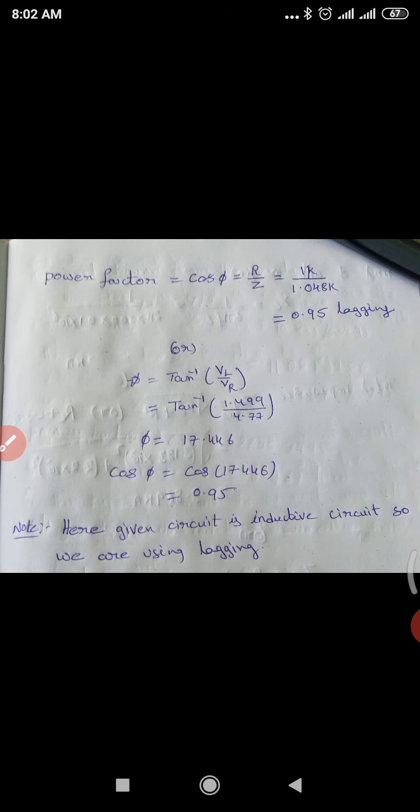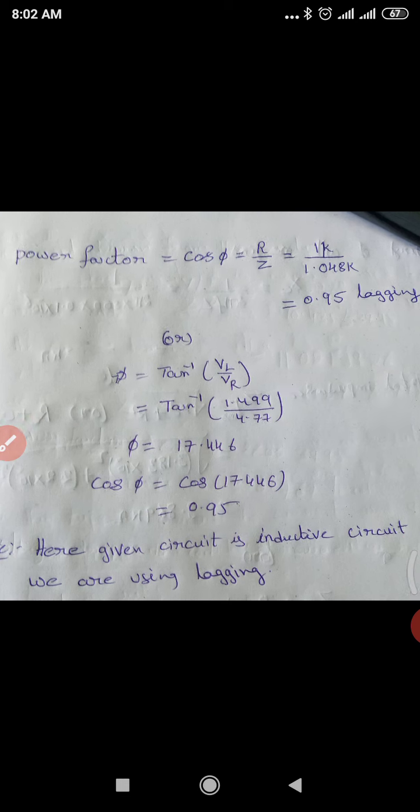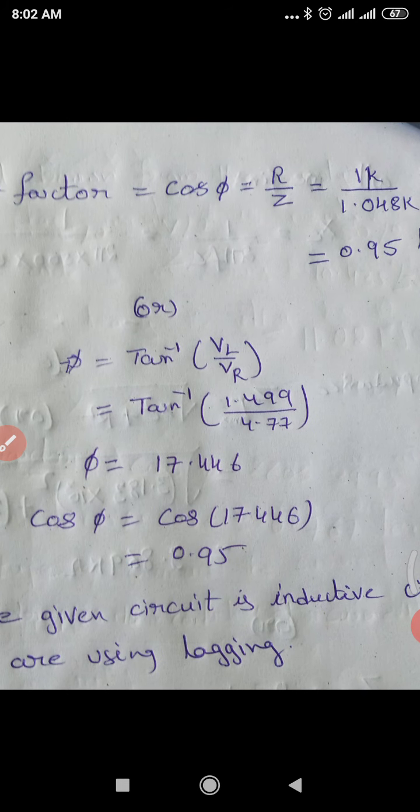How can we cross check the power factor? By finding the phase angle. We already know that phase angle is equal to tan inverse of VL by VR. If you substitute the VR and VL values we found, we get phi equal to 17.446. That means cos phi is equal to cos of 17.446, which is 0.95.